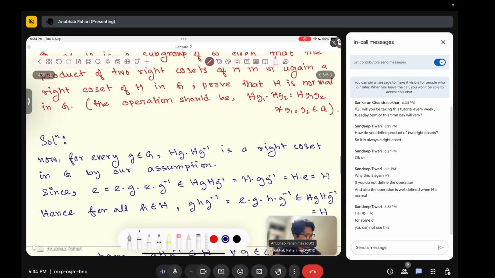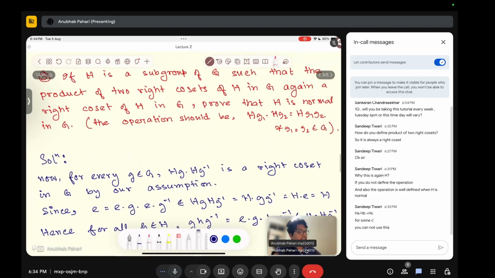But in order to do this thing, we need exactly this.